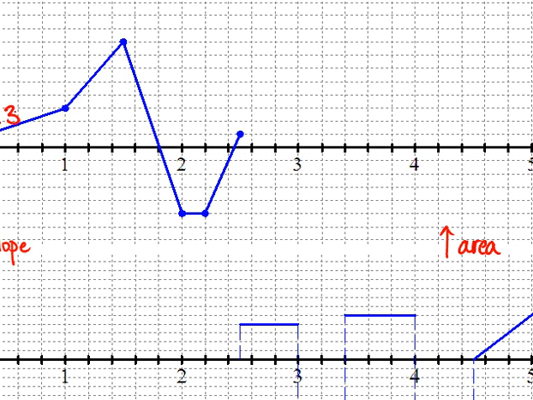So this thing is cruising along at 3 meters per second. And that means we're going to draw a nice flat line segment at 3 meters per second. And it does that for 1 second. So we're actually kind of in between some lines there, but that's okay. Something like that. Cruising along at 3.